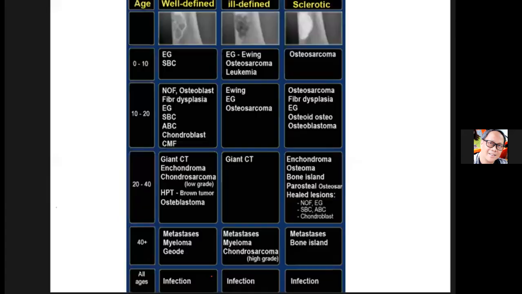Again, this table summarizes the age group versus the pattern of destruction and the specific conditions. So we see 40 plus, you have metastatic lesions found in all three patterns.